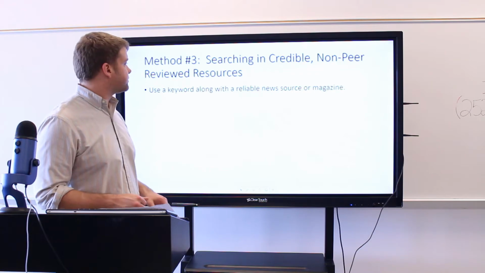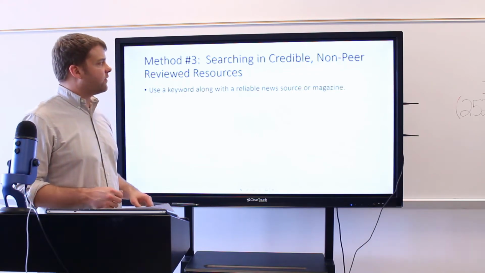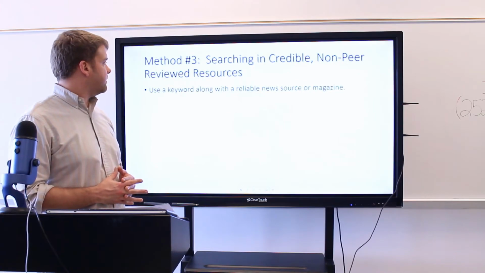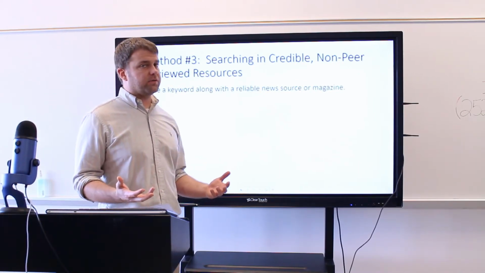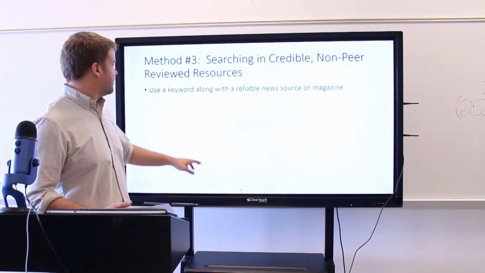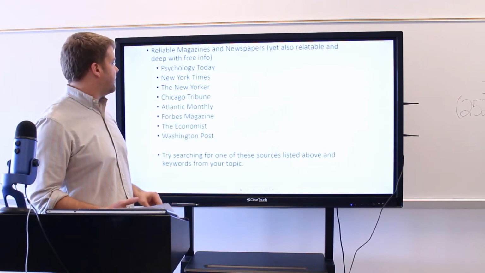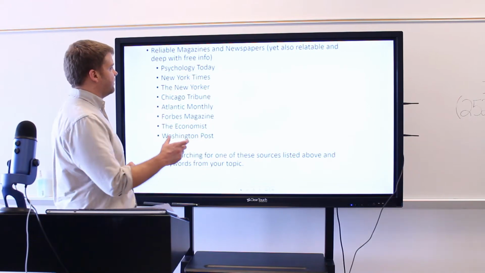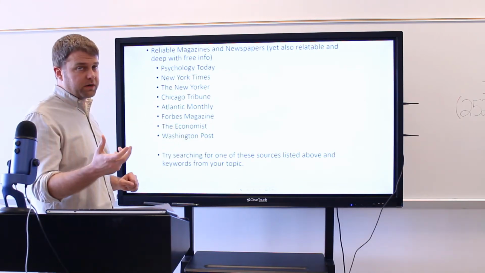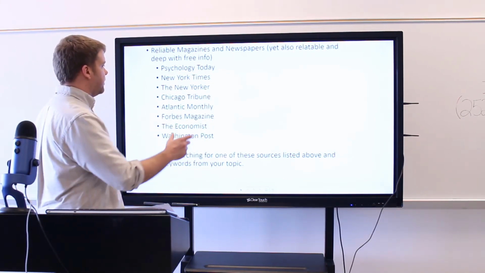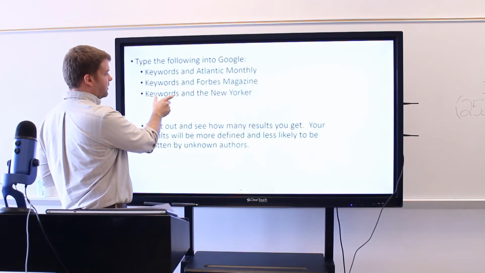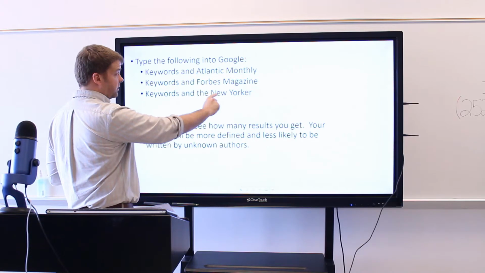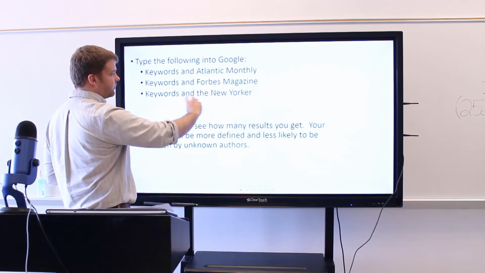Method 3, I think that if you're starting off in research, looking at credible sources that might not be peer reviewed might also help you find keywords. So for instance, if I put my topic, switching careers in your 30s, in a search engine with the New York Times, like right here, if I just type this literally into the search engine, we'll say that's the New York Times.